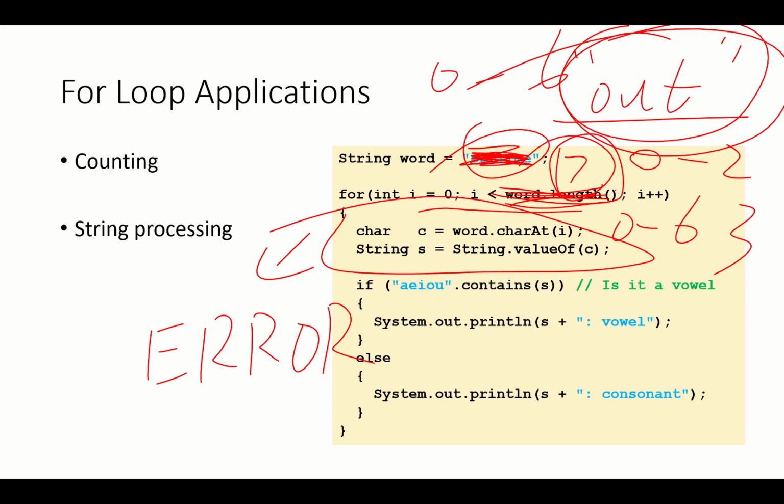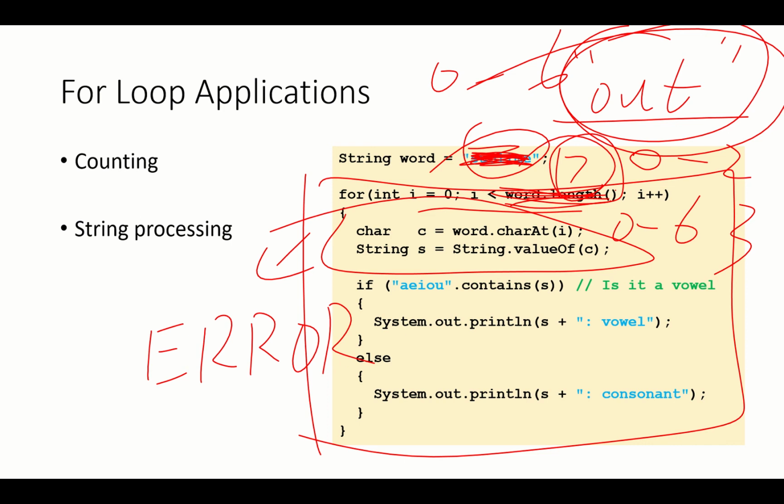Which means this part of the method is only for a word whose index is from 0 to 6. Right? You cannot be lower than this one. You cannot be greater than this one. Right? You cannot be 7.